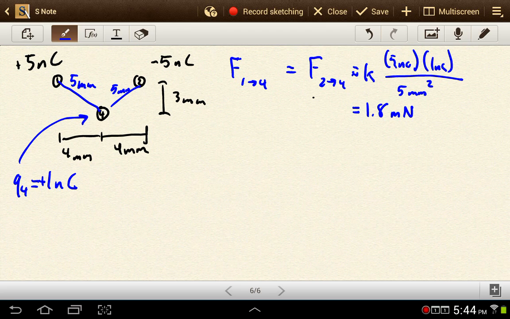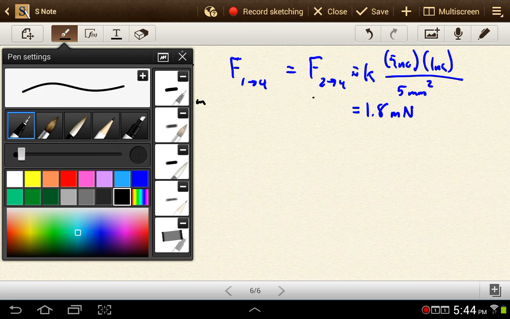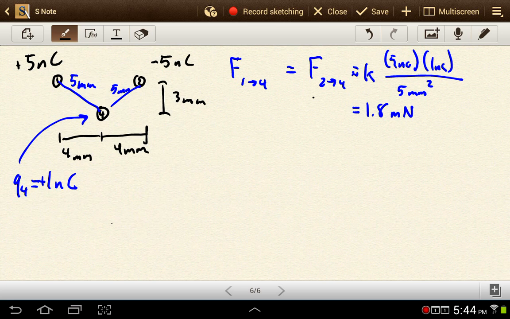Now let's do a free body diagram and see which direction they go. Remember that we're doing a free body diagram on 4. So here's our charge 4. FBD on 4. And we are assuming that 4 is a positive charge of 1 nanocoulomb.